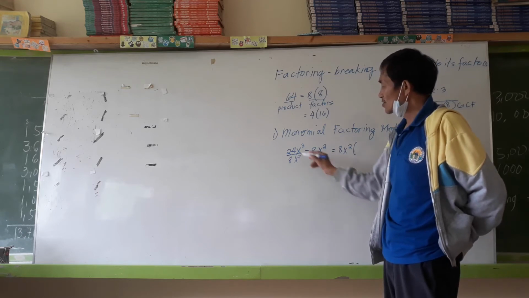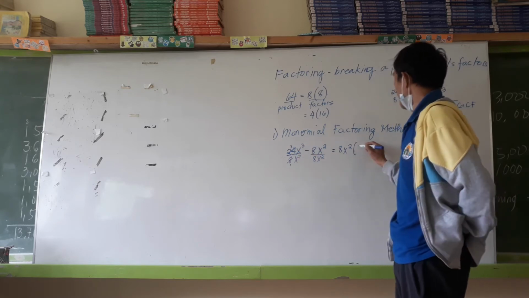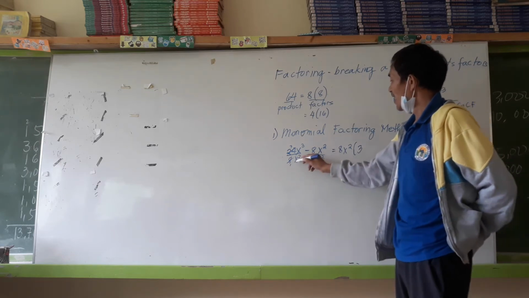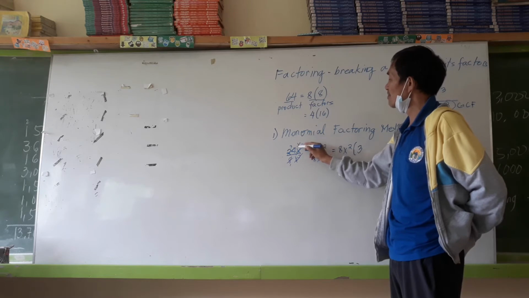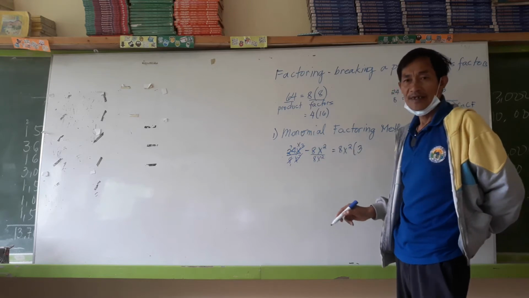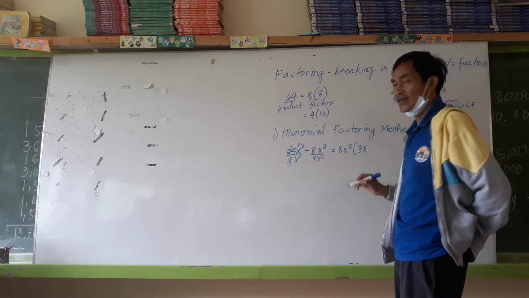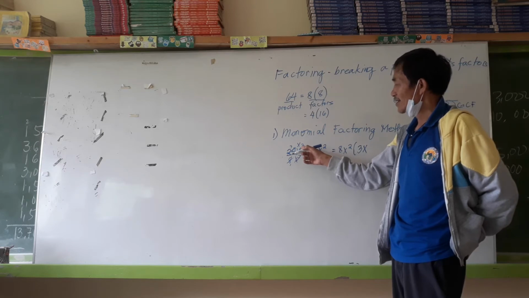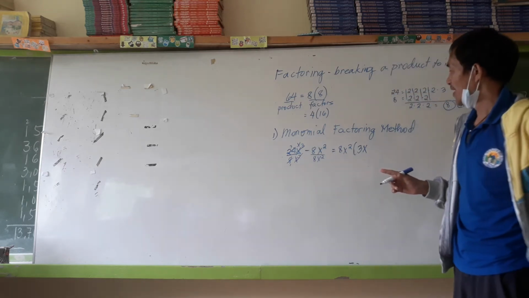Okay? So 24 divided by 8, this will be 3. X squared and x cubed, there is one x left here. Okay? So, x. Because you cancel x squared and x squared there, you have x raised to 1, which will be left there.